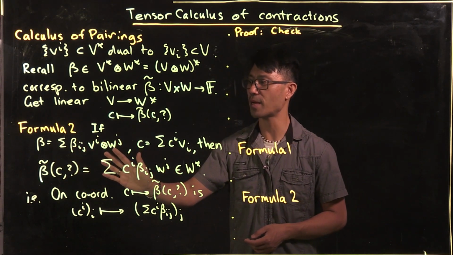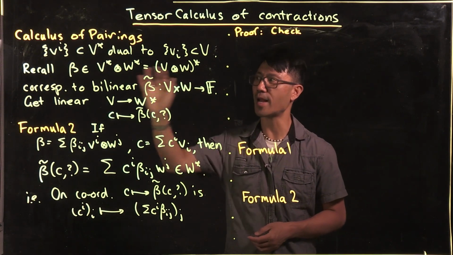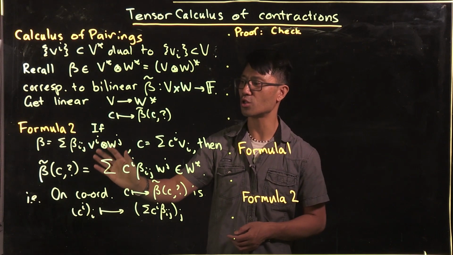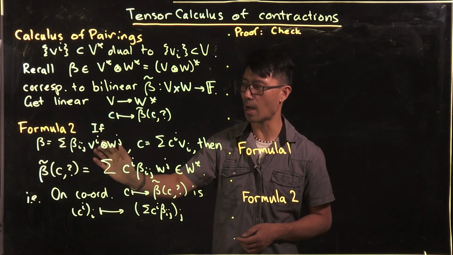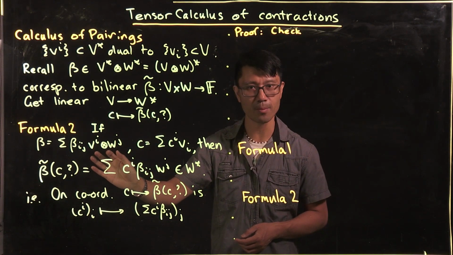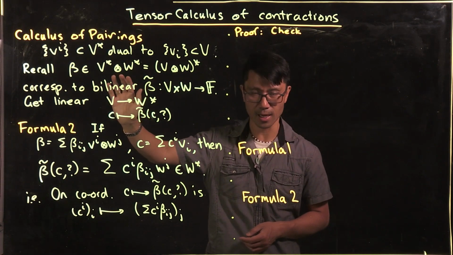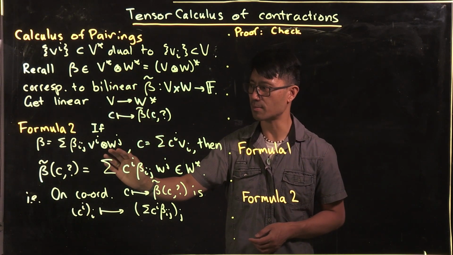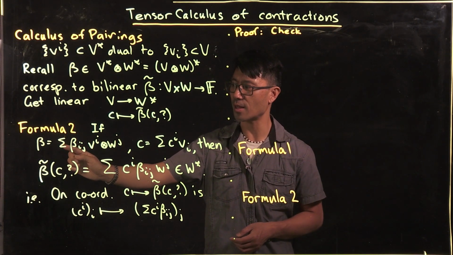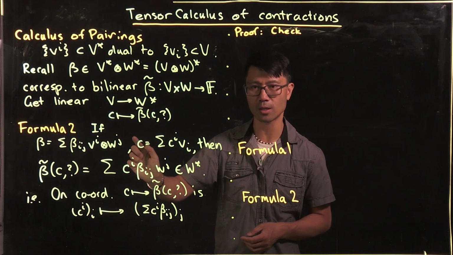What's beta? The way we'll think of it is it's in V dual tensor W dual. So there's a natural basis of this once you've picked your basis for V and W. You look at the dual basis for V, the V upper i, and the dual basis for W, the W upper j. Those elementary tensors of those dual bases give you a basis for this tensor product of dual vector spaces. So you have beta as a linear combination of them, and you write beta out as beta lower ij of V upper i tensor W upper j.